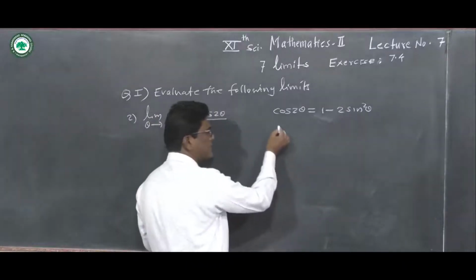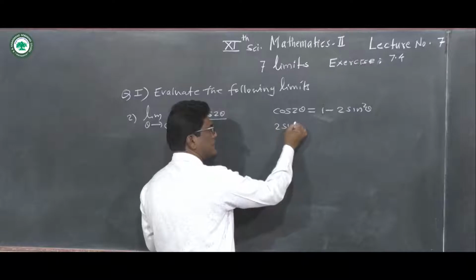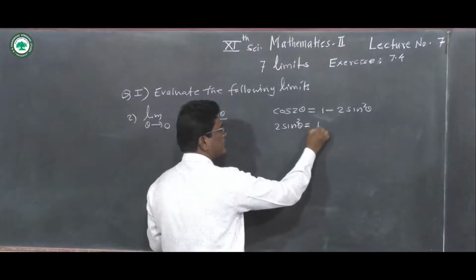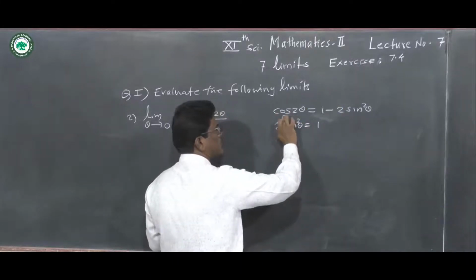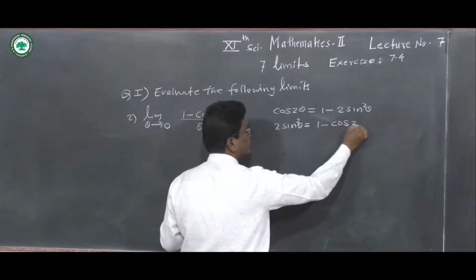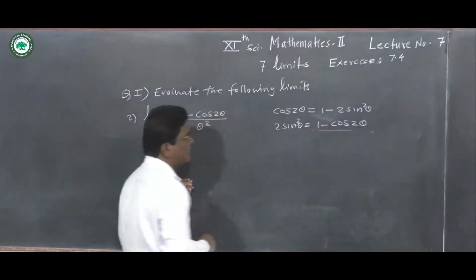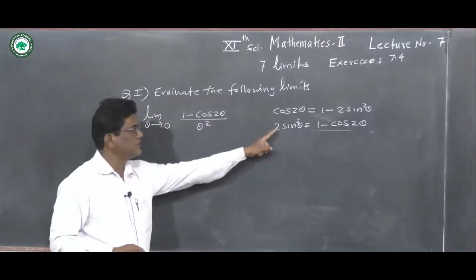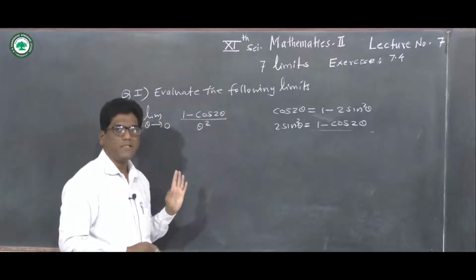Carry this 2 times sine square theta to the left side, so 2 times sine square theta is equal to 1, and carry cos of 2 theta to the right hand side, it is minus cos of 2 theta. And so we get 1 minus cos of 2 theta is equal to 2 times sine square theta.